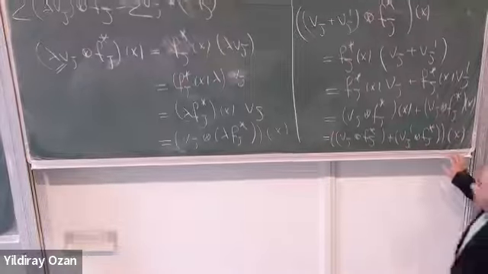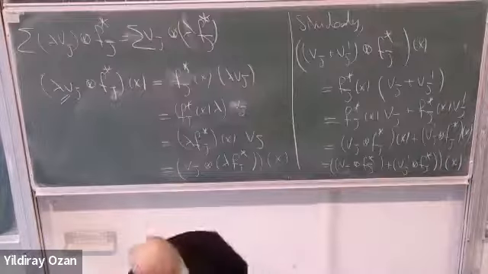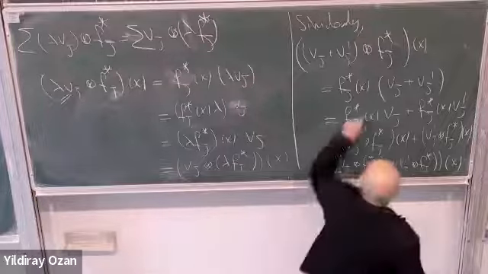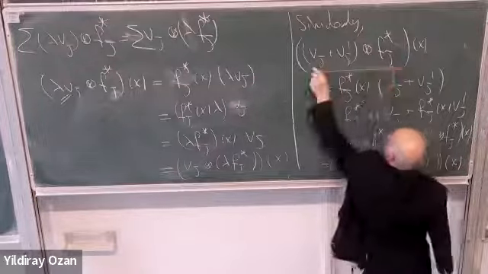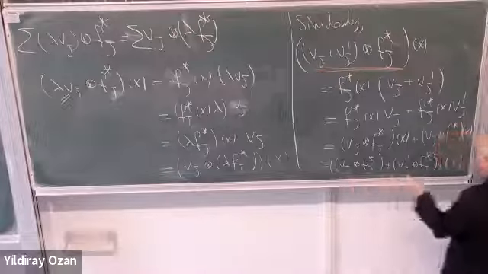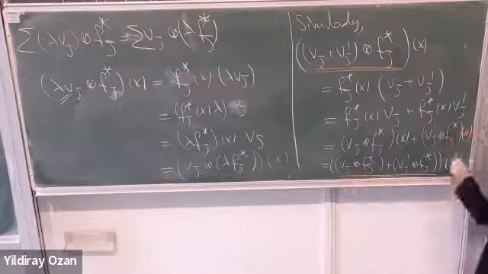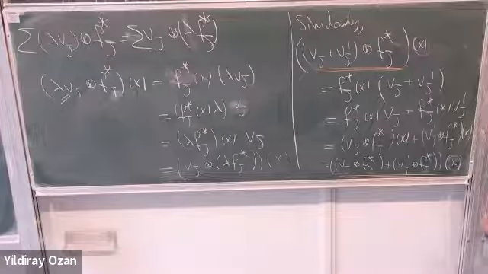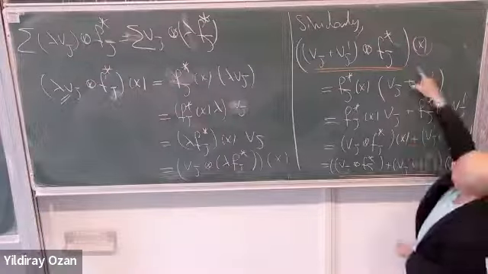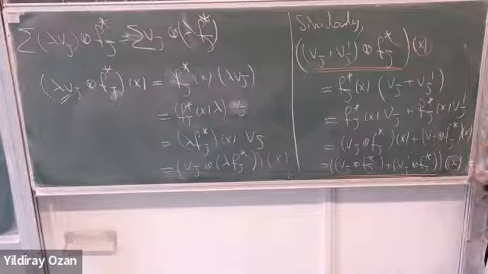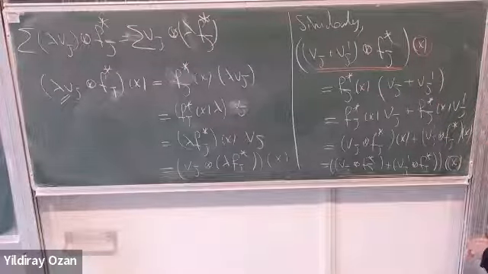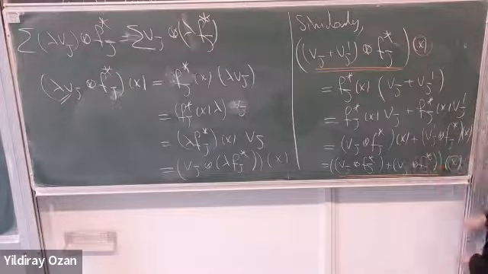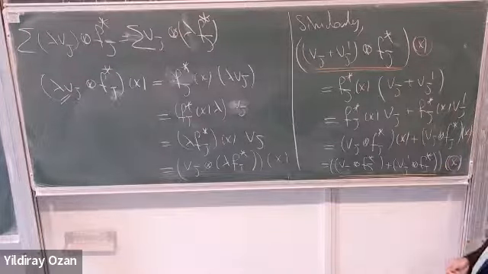So what you see is that this gadget is the same as this gadget at all X values. These are functions, they are vectors, and they get the same value all the time. Therefore, this expression and this expression are the same.